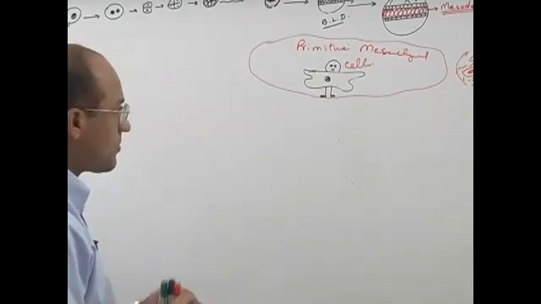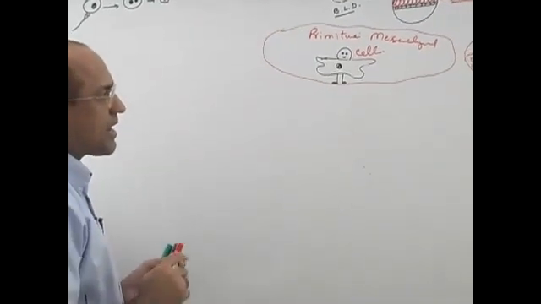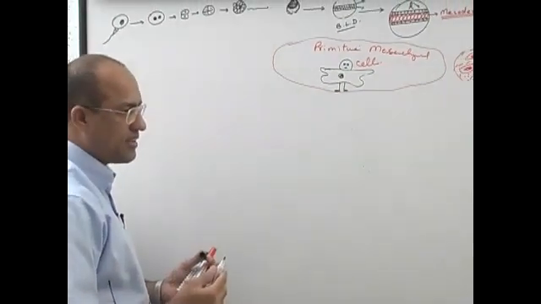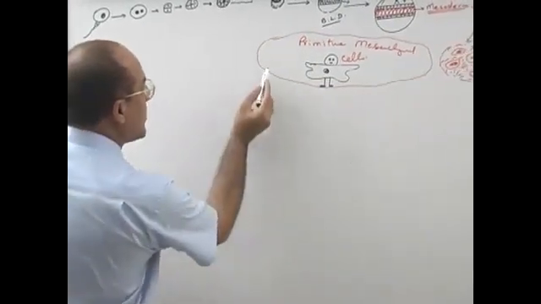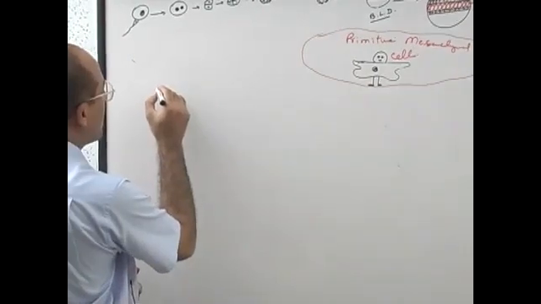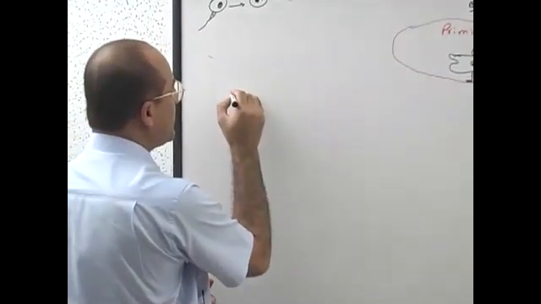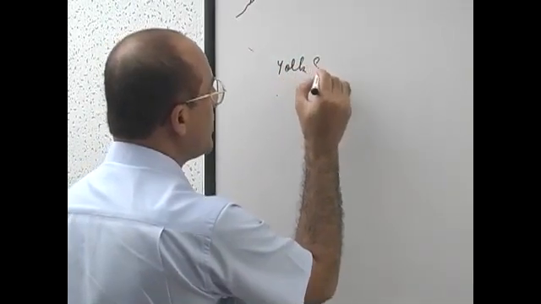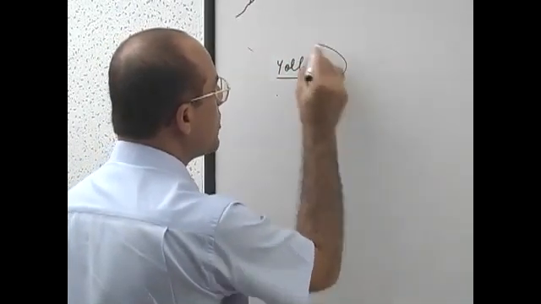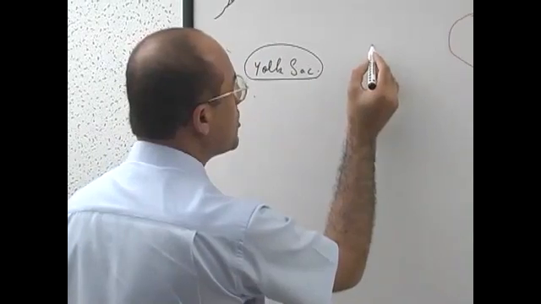Now, as the embryo is growing, new tissues and organs are made. The important organ in our discussion is, first of all, the yolk sac. You know the yolk sac is made during the development of the embryo?